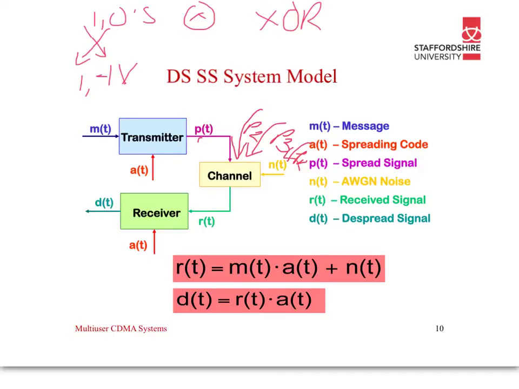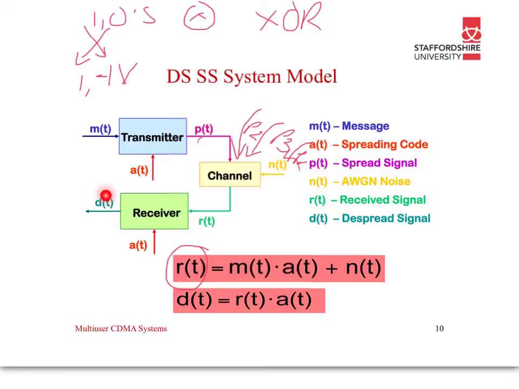So the received signal R of t is comprised of the message times the code plus any other users, P2 to PK, plus the noise. I'm going to assume that there are no other users at this moment.